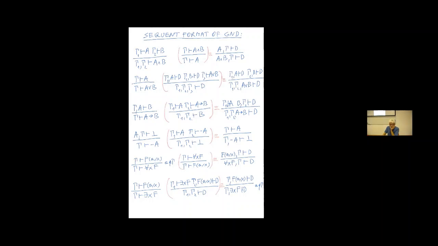If you look at the left upper rule, this is just the introduction of conjunction. If you have a derivation of A from gamma 1 and a derivation of B from gamma 2, then you have a derivation of A and B from gamma 1 and gamma 2. So this is nothing new, just another way to describe the introduction of conjunction.